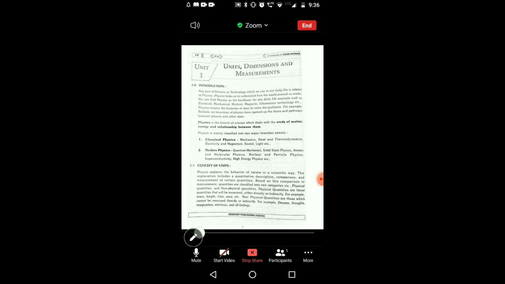Now see here, if you want to write the units, dimensions and measurements, first I am going to explain the dimensions.